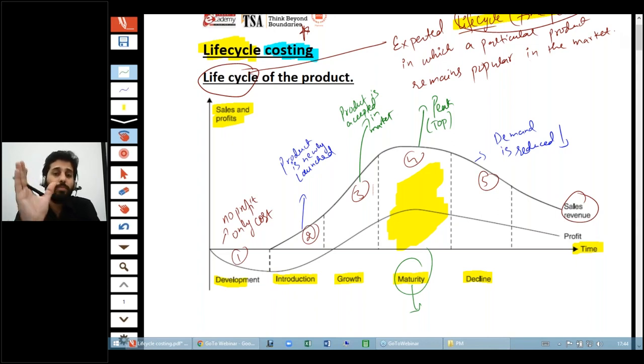So the message is that in the maturity stage, companies should bring something innovative in order to stay interactive regularly. See, I'm giving the example of WhatsApp. Some time back, there was no option of delete for everyone. Now it is there. Previously there was voice clipping, and now they have introduced 1x, 1.5x, and 2x speed. They are getting regular updates in order to extend the maturity phase, so that people will stay in contact with the product or services.